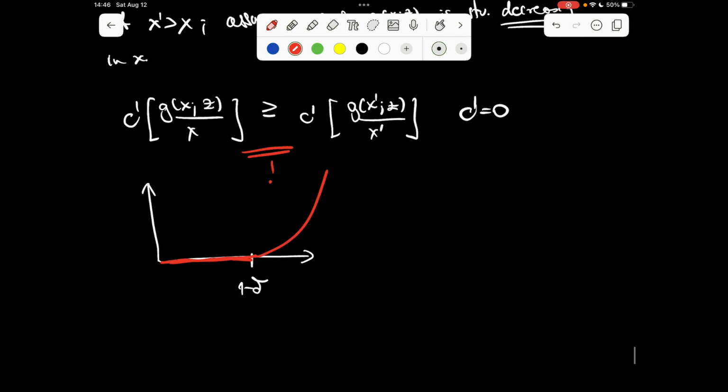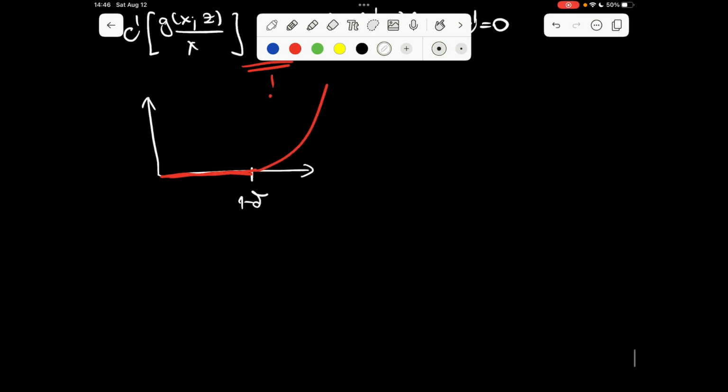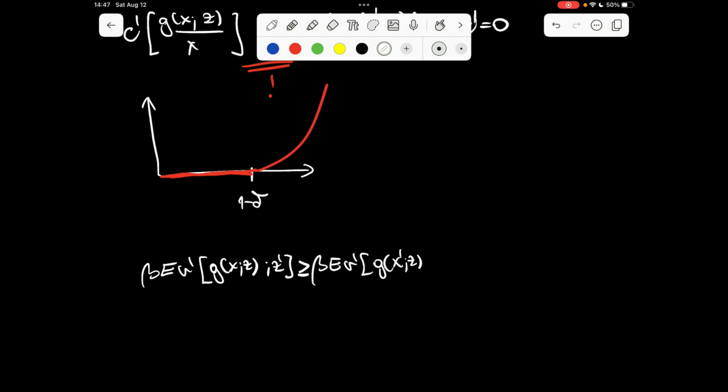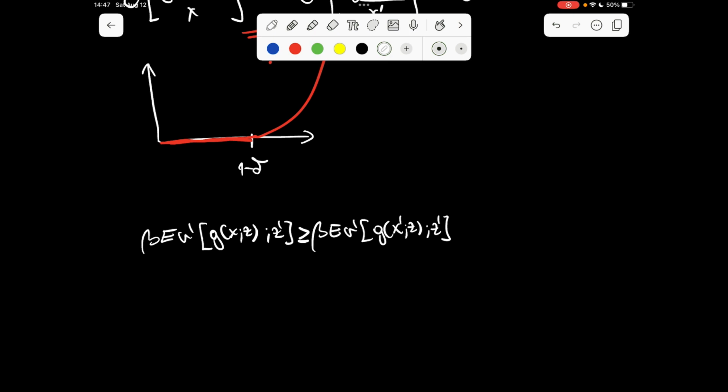So from this, it follows the same inequality applies, and it also follows.